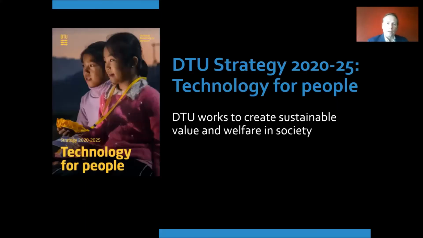Now, you may know that DTU has a strategy for the next 4 or 5 years, which is technology for people. So DTU wants to work to create sustainable value and welfare in society. And actually, the Playware is exactly about this. This course is about how do we create technology for people.